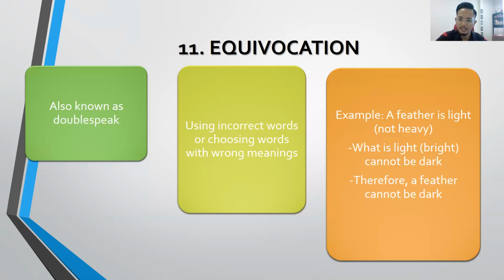Equivocation is double meaning. That's why we need to use something that is straightforward, because someone will tend to think negative rather than positive. So when I'm saying, oh, I'm gay, normally people will think that I am homosexual, but gay can have another meaning, which is happy.